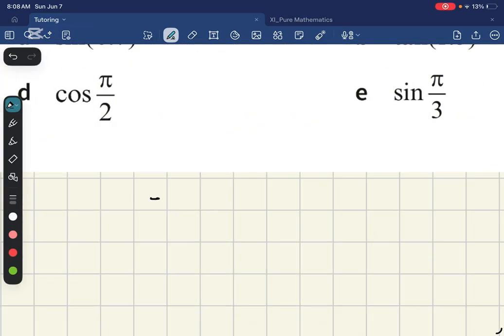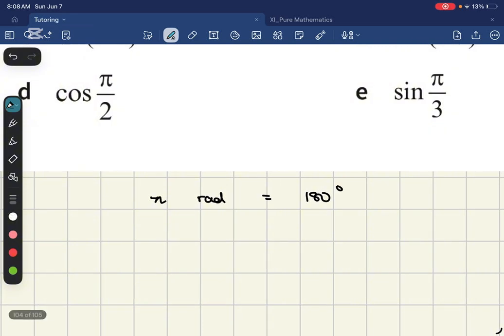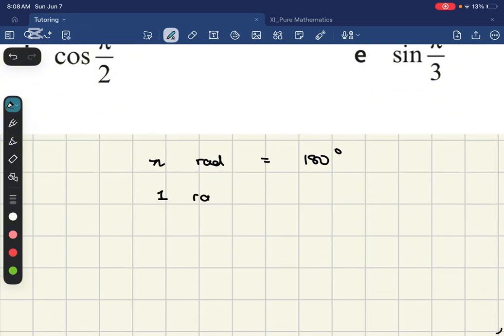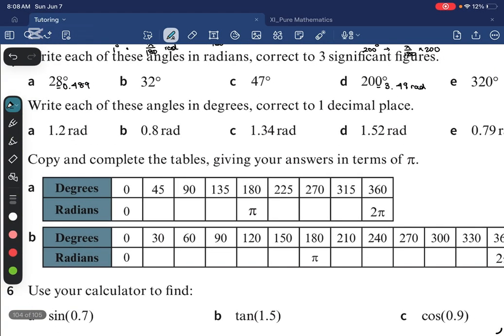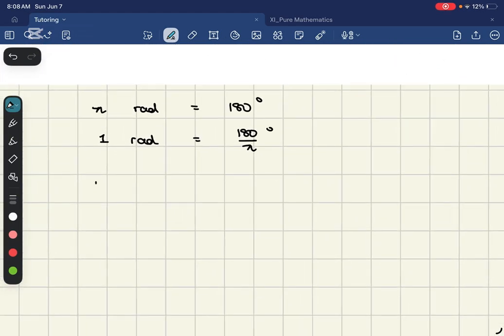So we know pi radians is 180 degrees. What is 1 radian? 1 radian is just 180 divided by pi degrees. So for 1.2 radians, I just need to multiply this by 1.2. So 180 divided by pi times 1.2.